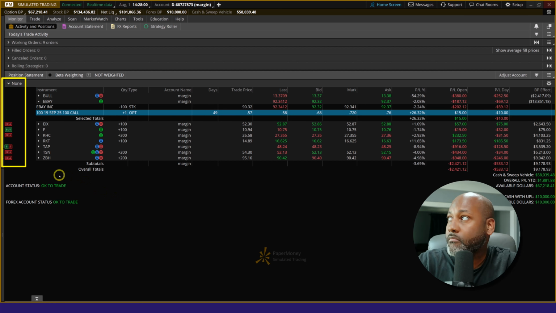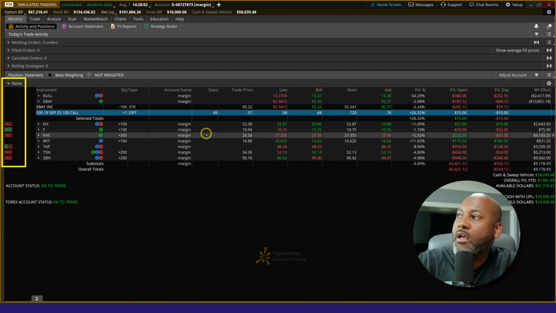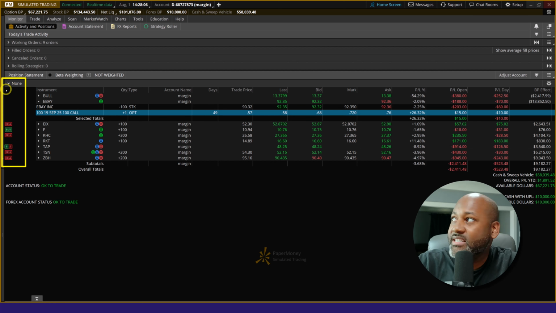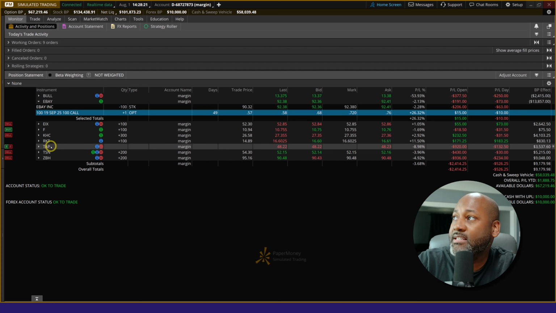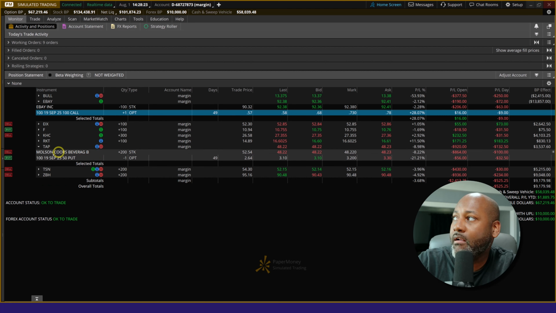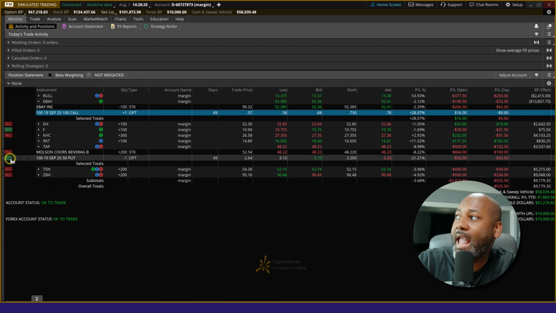That's how. So on the left-hand side of our positions, we can see red and green. So you can see it if it's fully spelled out. So the red is sell, the green is buy. And if you have more than one type of order on that actual position, then it's going to be green and red. So that means that on this TAP security right here, I had a sell and a buy order inside that position.